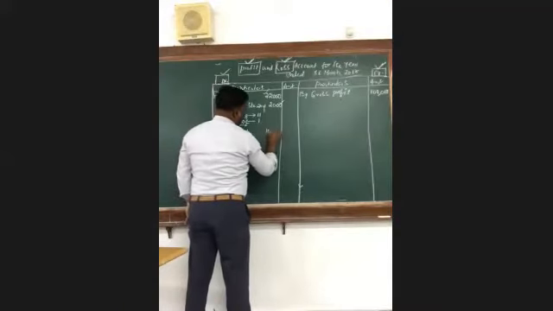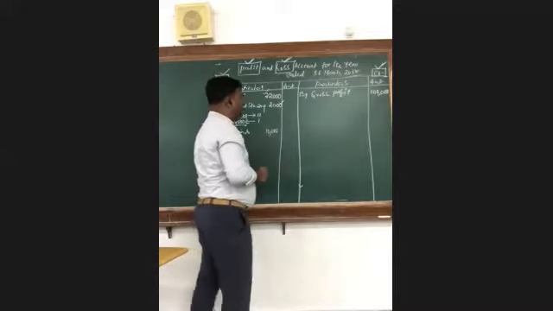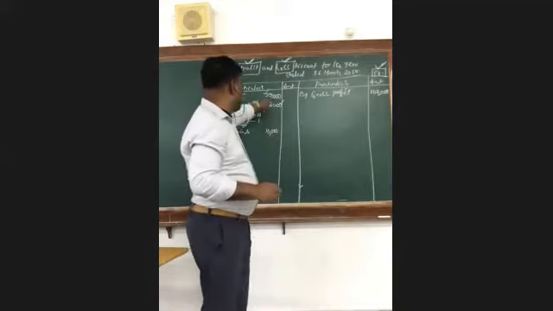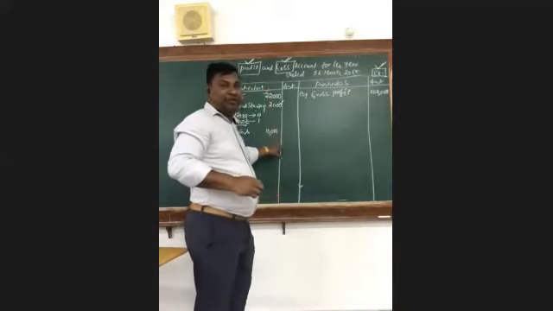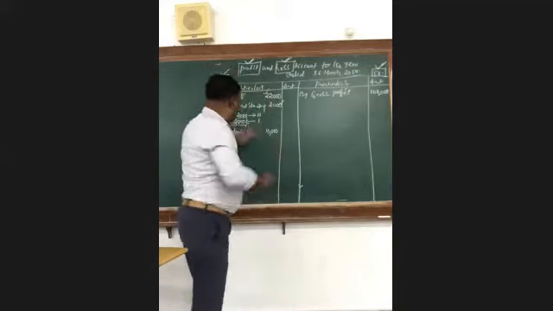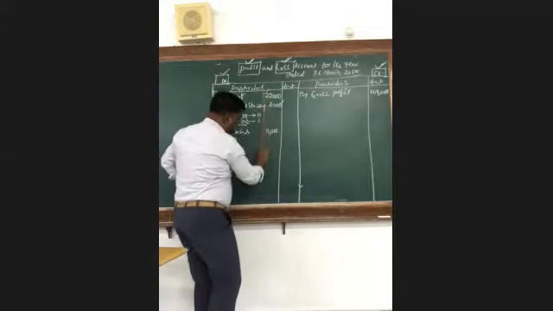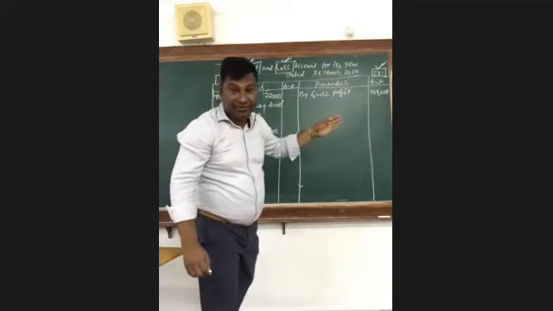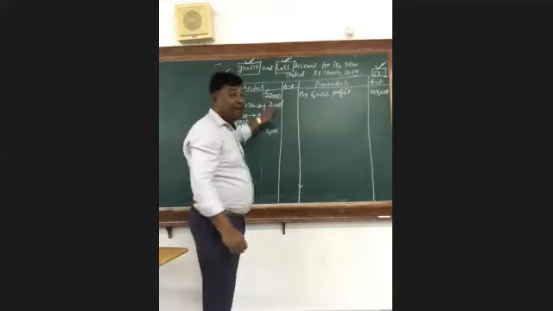Boys and girls, do you observe one thing? Whenever there is an adjustment, I'm taking the amount in the inner column. You can draw one column just for calculations, or you can take it in the particulars itself. That's your wish, but this is not mandatory.